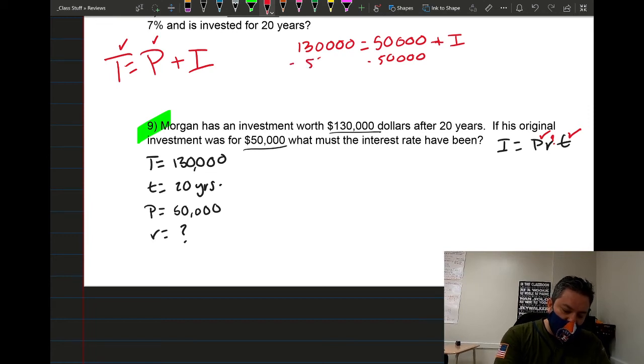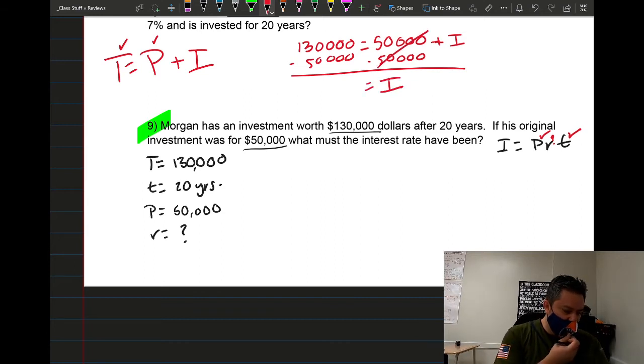What you do to one side, you must do to the other side, right? So this will cancel out. You will be left with the interest. When you subtract these two, you get 80,000. So the interest accumulated was $80,000.